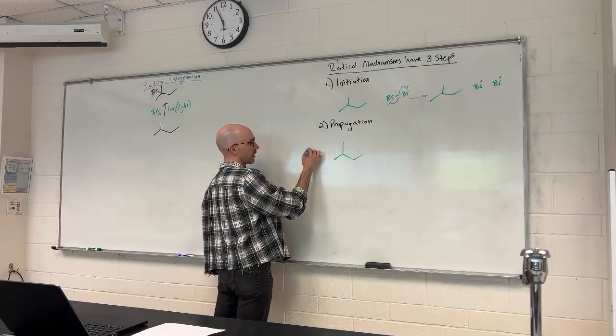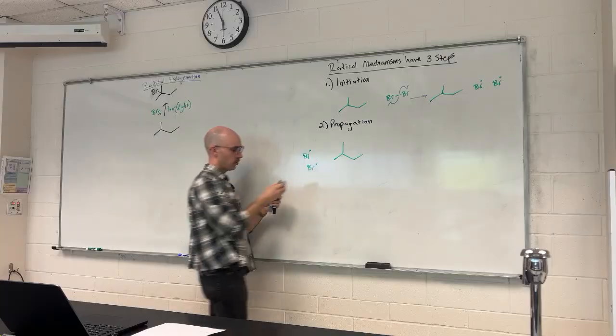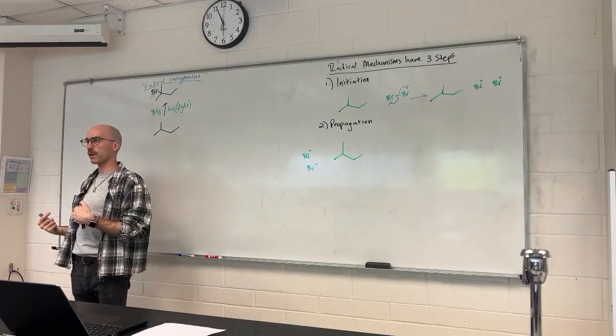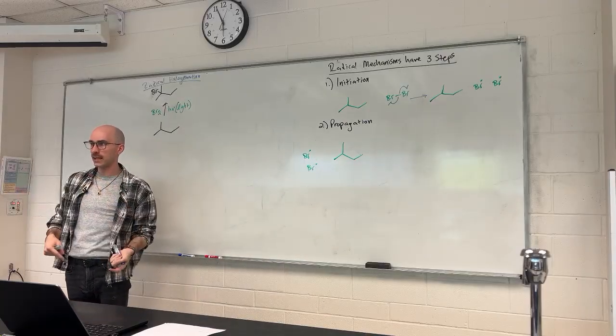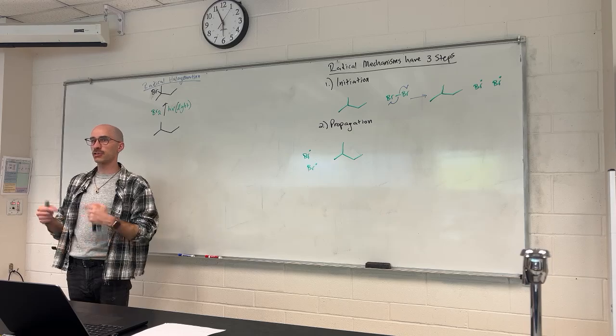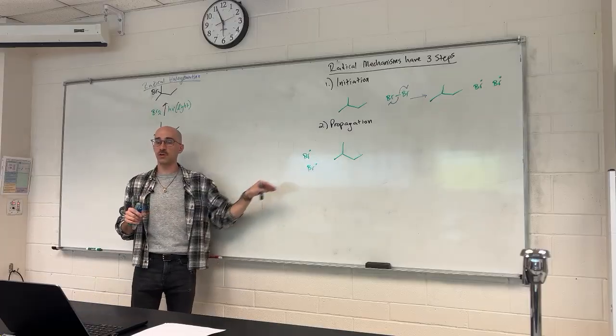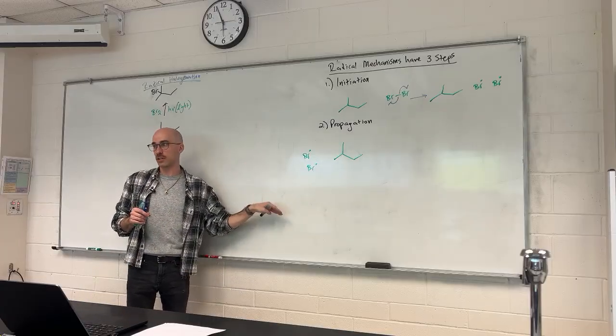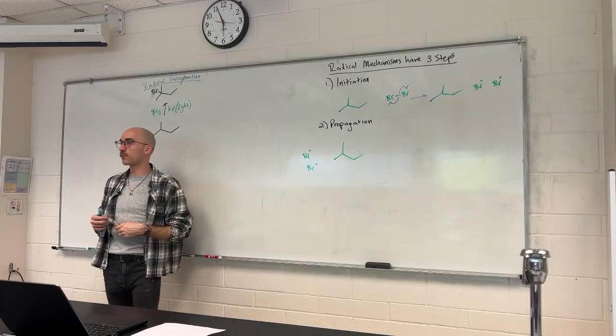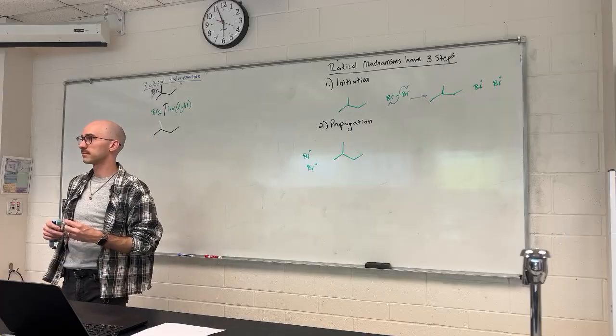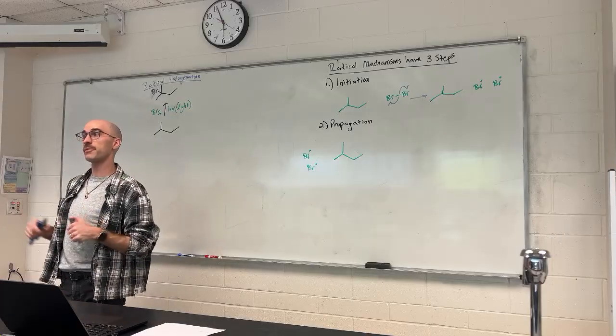All right, we have to consider where our bromine radical will react with the alkane in order to leave a new radical. Where is the most stable place? Which position requires the least amount of energy to form a new radical on? The most substituted.